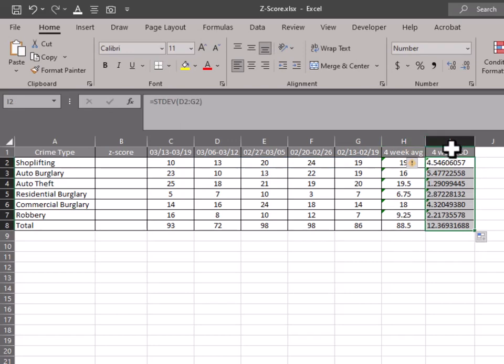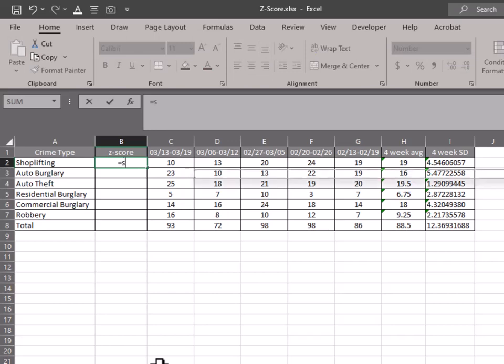So we have our average now, we have our standard deviation for those, and now we're going to build out the z-score. The formula for that is you start typing in STANDARDIZE, and it returns a normalized value from the distribution characterized by mean and standard deviation. It'll walk you through it. The three parts are the value we're looking for, in this case C2, the one right next to it.